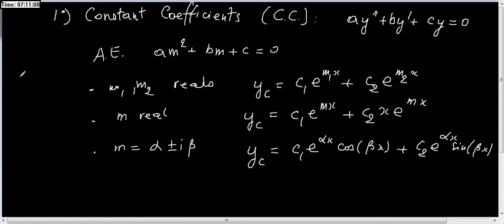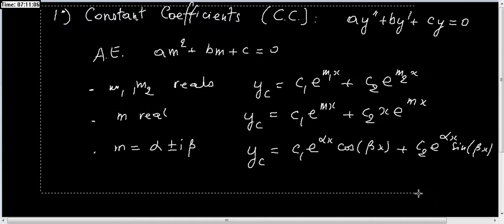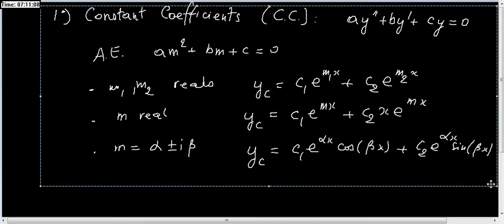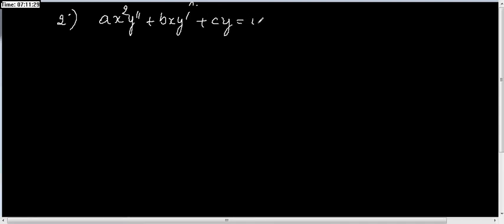Okay, so this is the situation when we are dealing with constant coefficients. That's the first case. The second case will be when we are dealing with quadratic equations. For quadratic, the situation is this: we have a x squared y'' + b x y' + c y = 0.